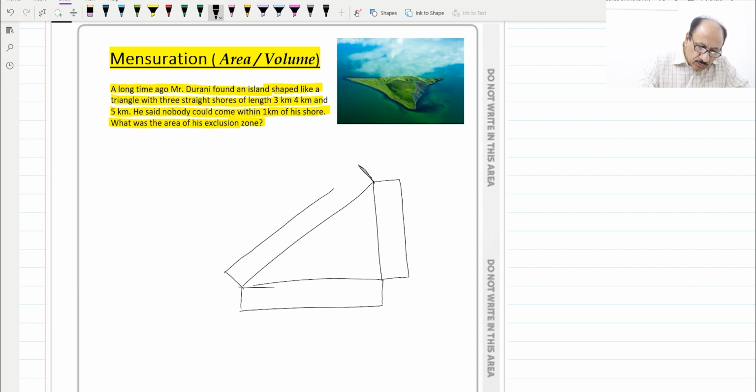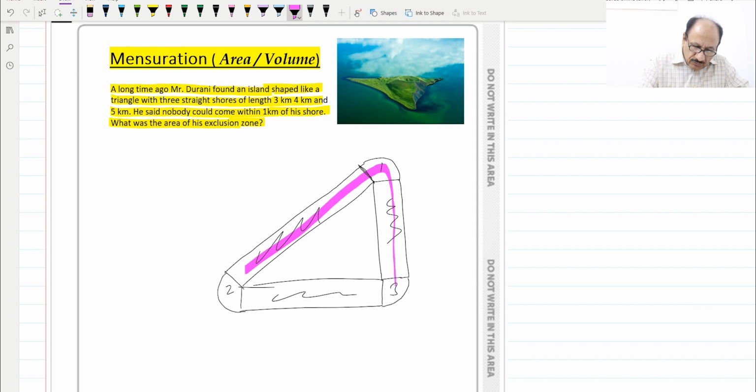So we need to include 1, 2 and 3 areas, plus these sector areas, this sector and this sector and this sector. By adding all these areas, 1, 2, 3, 4, 5 and 6, will give us the whole outer bound area.